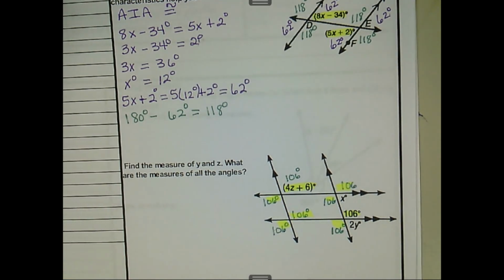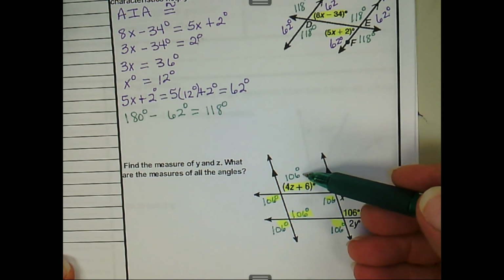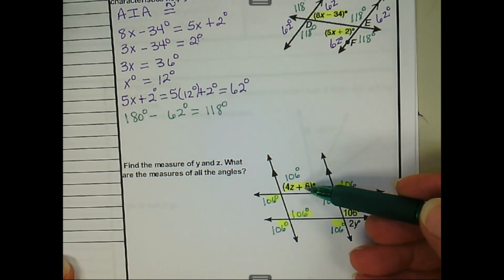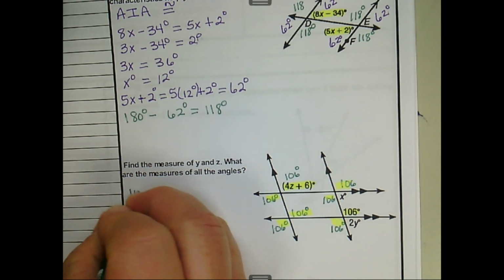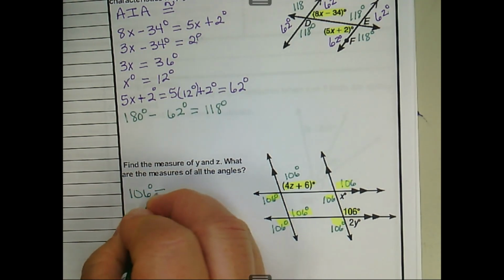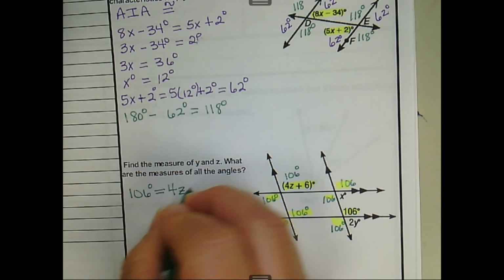Okay, I knew 1, I knew 8. That's a little bit different. But I also know that 106 is equal to 4z plus 6. 106 degrees is equal to 4 times z degrees plus 6 degrees.